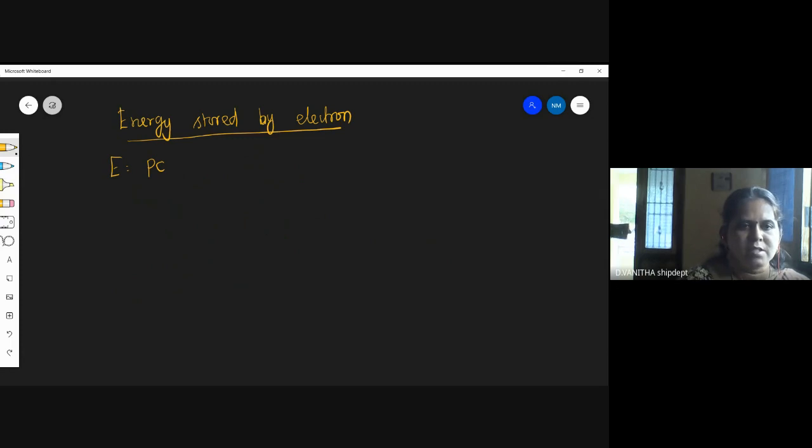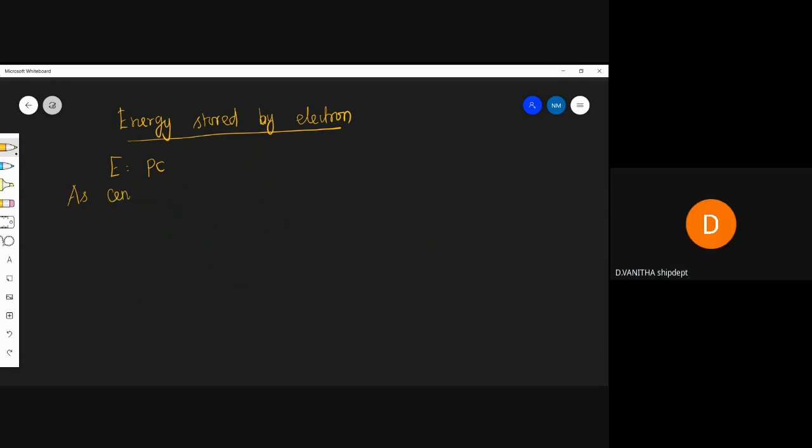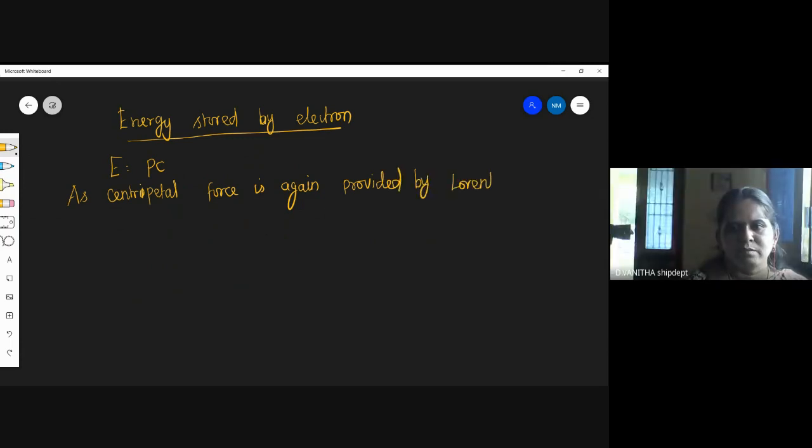Then the centripetal force is again provided by the Lorentz force, so the momentum of the electron becomes, here the Lorentz force is E B R. This is equal to mv.